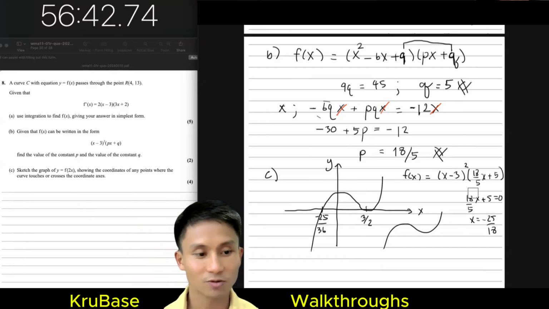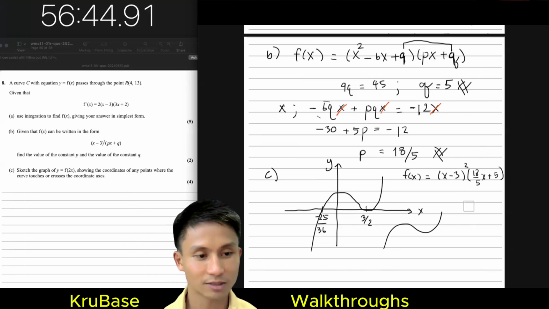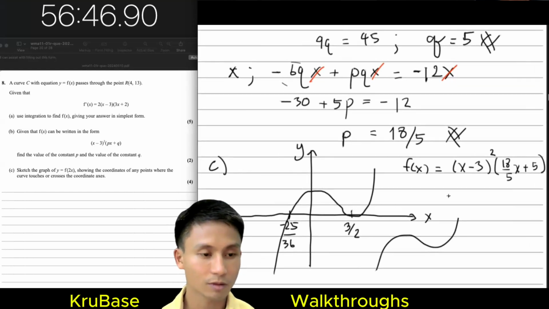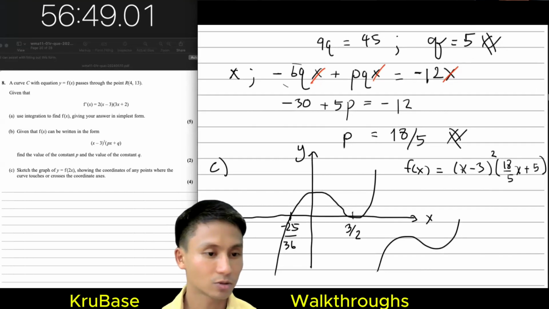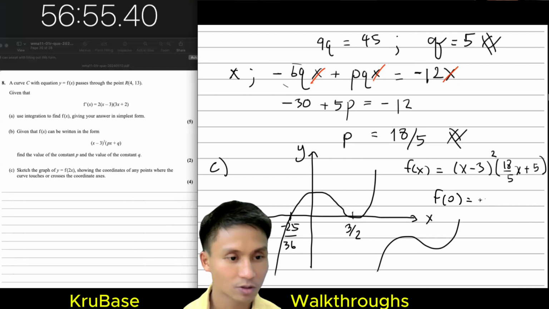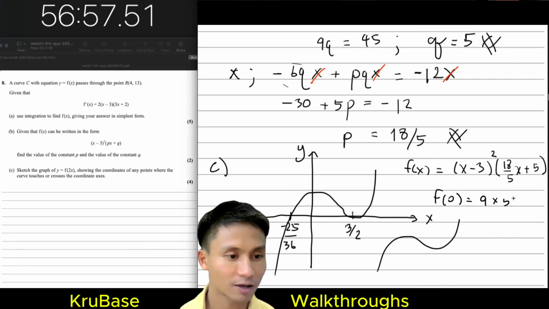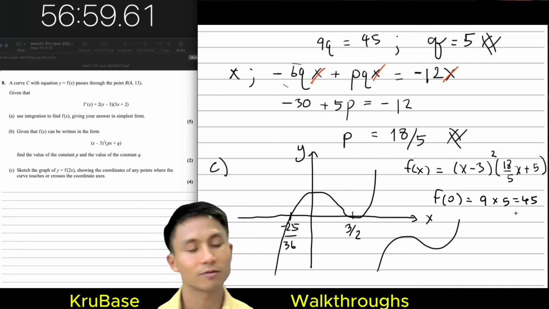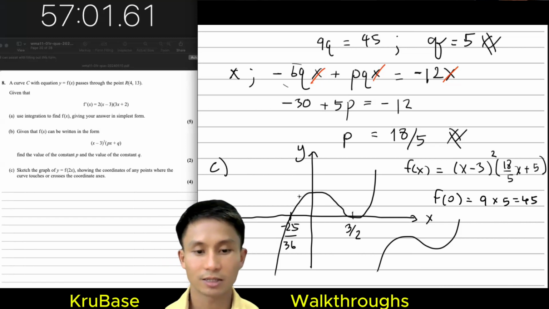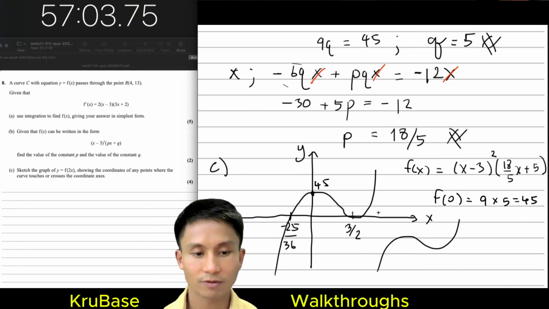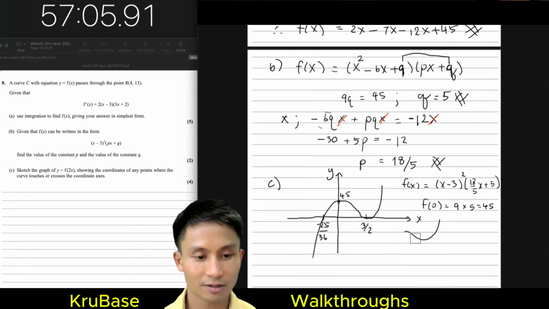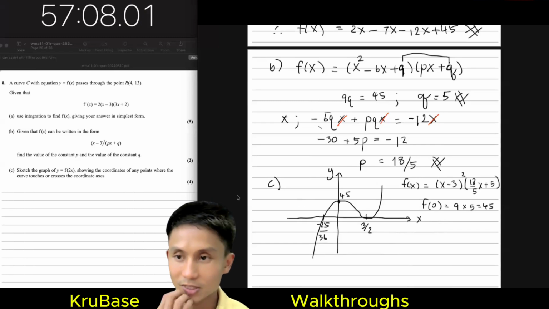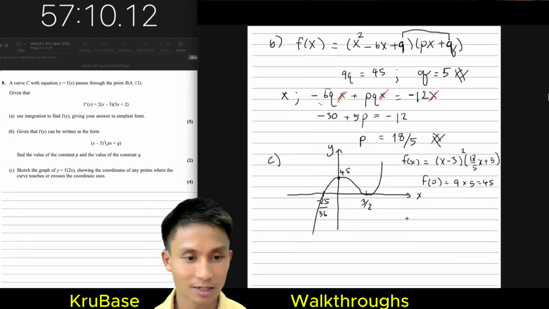So if we put x to 0 for the f(x), f(0) would be equal to 9 times 5, which is 45, right? So this is 45. And I think I'm done with that curve. Good, good. So that's number 8 done.